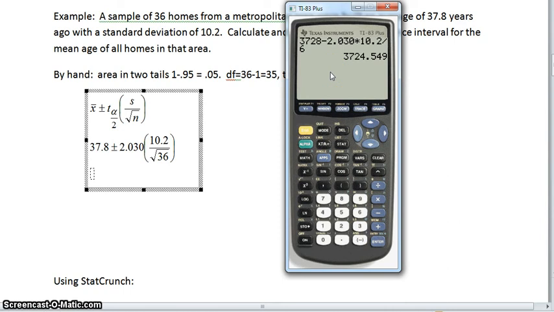We get 37. Oh, I made a typo. 37.8, not 37.28. So 37.8, 34.349 on the lower side.